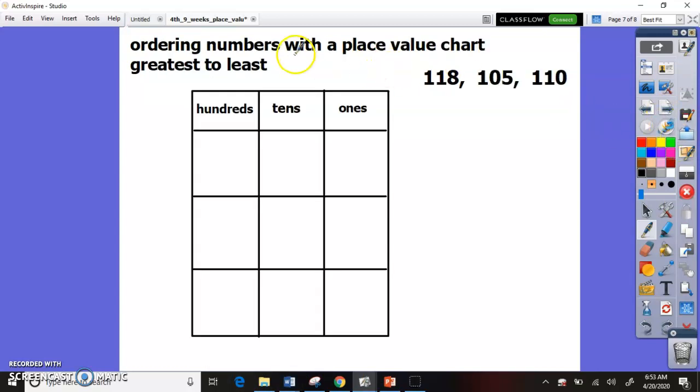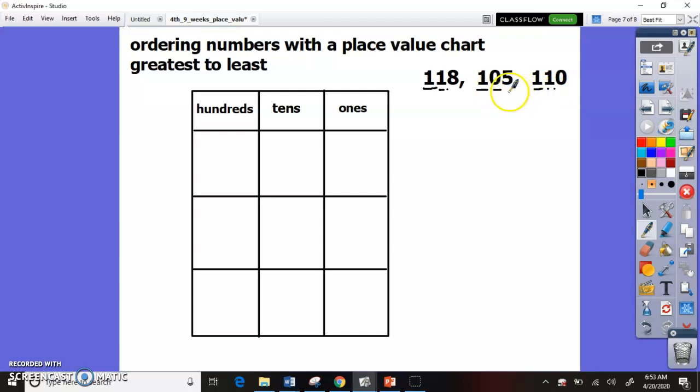Next, we're going to order numbers on the place value chart, and we're going to order these numbers from greatest to least. That means my biggest number has to go first. So I have the numbers 118, 105, and 110. When I look at these, they all have a 1 in the hundreds place. So then I move to the tens place. 118 has a 1 in the tens place, 105 has a 0, and 110 has a 1.